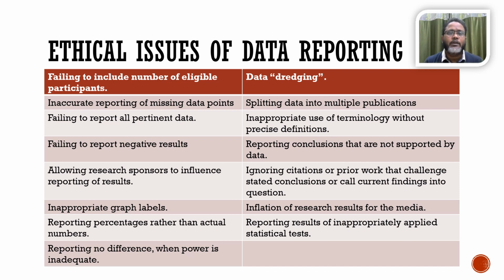Inaccurate reporting of missing data points: why those things were not treated, you have to write that clearly. Failing to report all pertinent data: in many cases, whenever you are writing, you make different types of groups covering all the categories, and lastly you say "others."